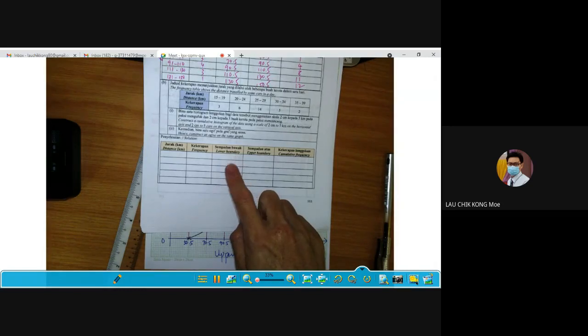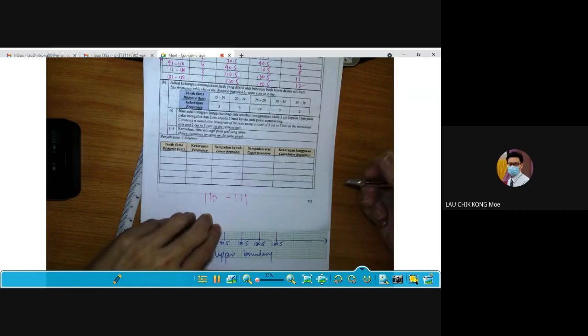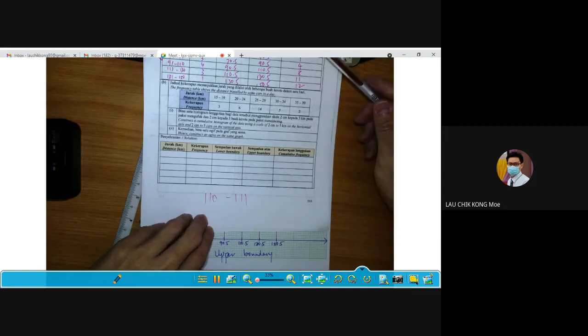Contoh 8B awak siapkan. Baru awak ambil gambar sekaligus. Muka surat 110 and 111. 2 pages, 2 photos. And then page 111 includes the answer for example 8B. Untuk contoh 8B, 8A ini include the graph.